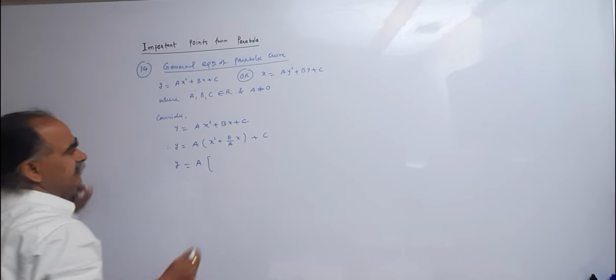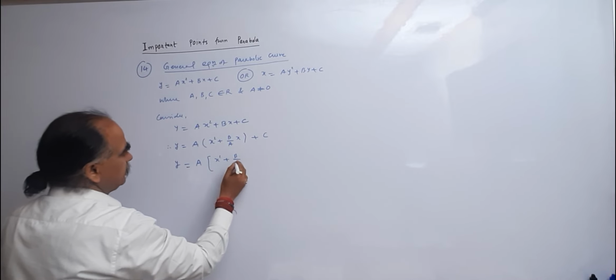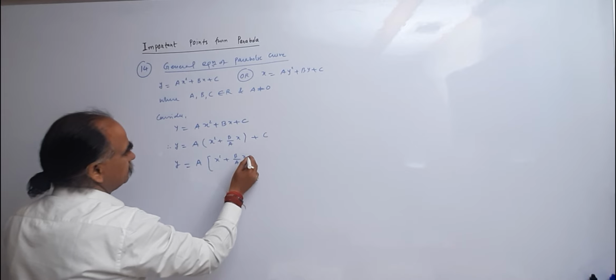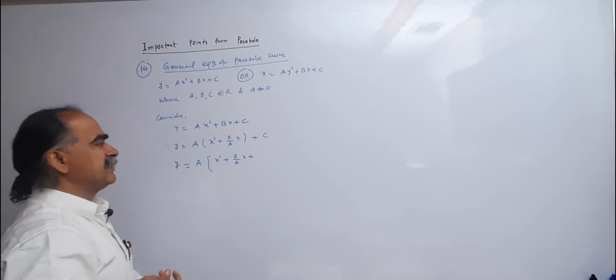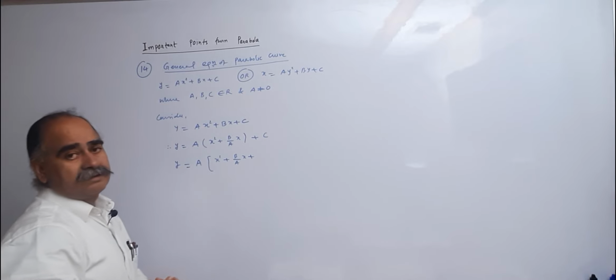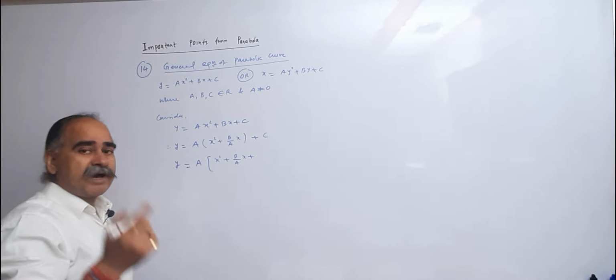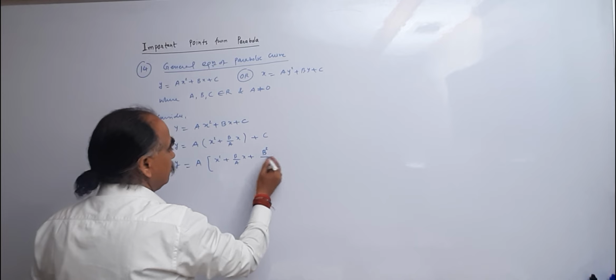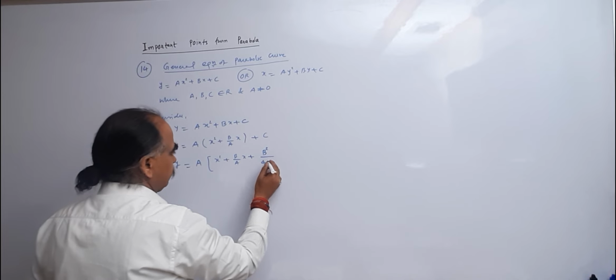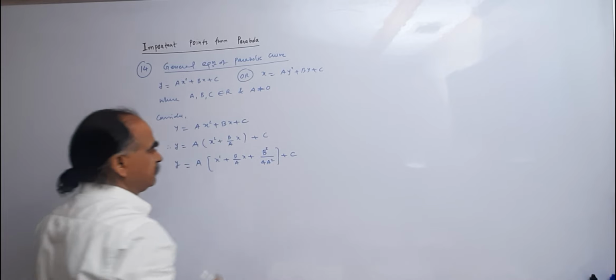Make a perfect square, so x square plus b by a x plus, now the coefficient of the middle term is b by a, divide by 2, so b by 2a, square it, so you'll get b square by 4a square, plus c is there.